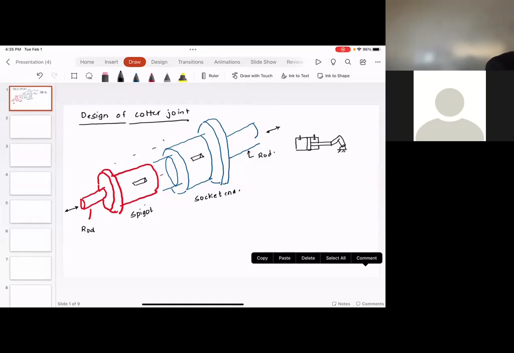Now, as you can see, you have this articulation at the crank, and you have this reciprocating motion of the connecting rod. And in order to transmit the reciprocating motion, in order to transmit the force, usually what you have here is a quarter joint.